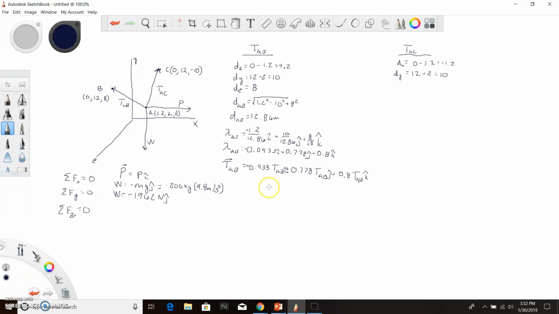Okay, just a reminder, what we're doing is finding the unit vector for TAC. Right here I've done dx and dy for vector TAC. Next we need to do dz.